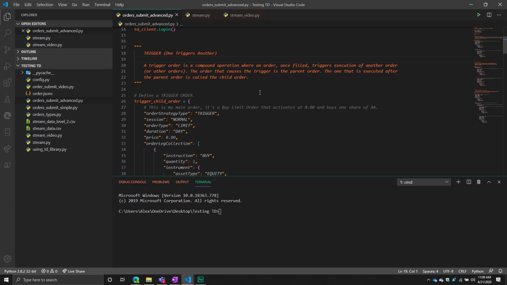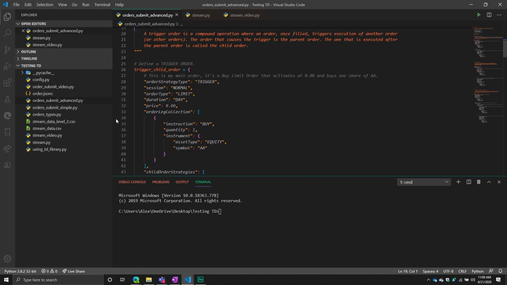So how would you build a trigger order using a dictionary? And once you have it, what is this particular trigger order doing? Well, the first thing you're going to notice is you're going to have your main order, right? So pretty much everything above here is your main order. This main order is the parent order, and then this is where you're going to define the advanced functionality of this order.